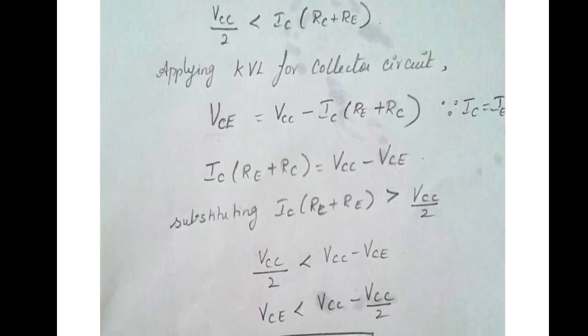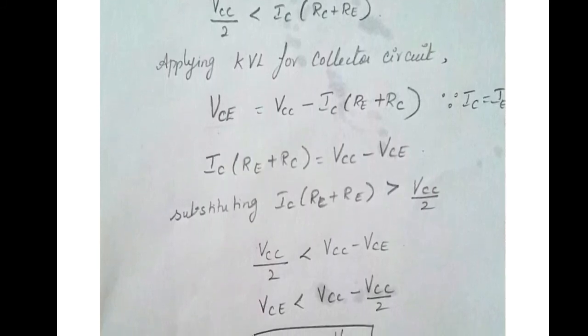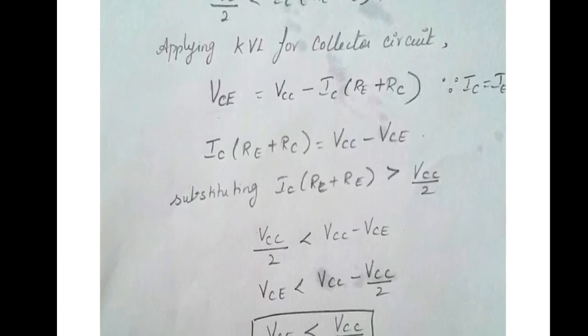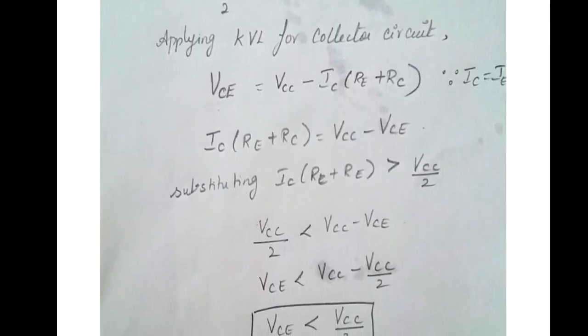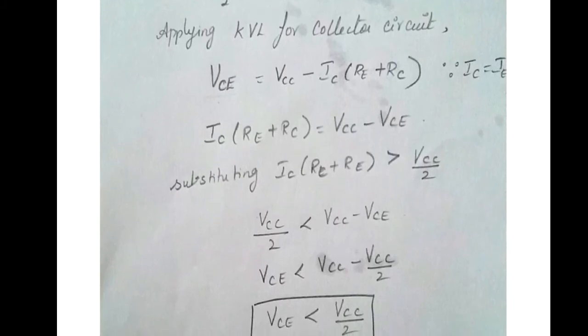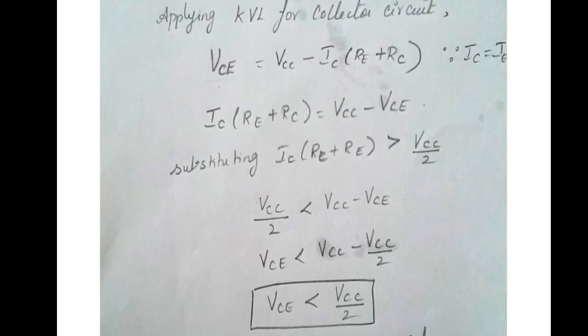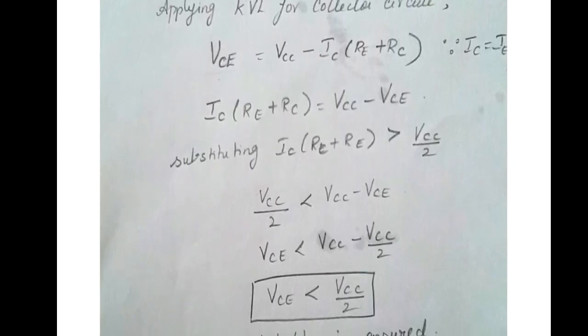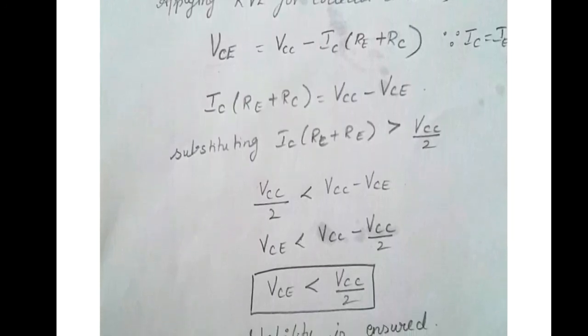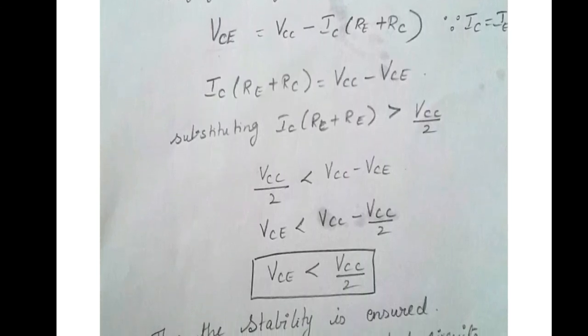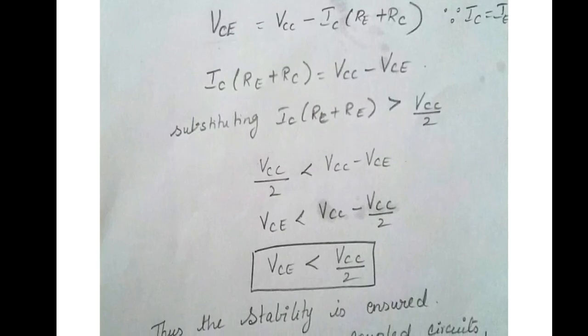Applying KVL for the collector circuit in the voltage divider bias, we get VCC is equal to VCE plus IC into RC plus RE. Here we can assume the collector current is equal to the emitter current. We get IC into RC plus RE is equal to VCC minus VCE.